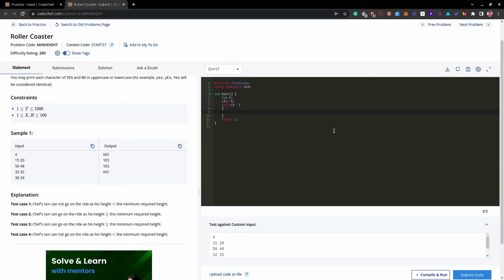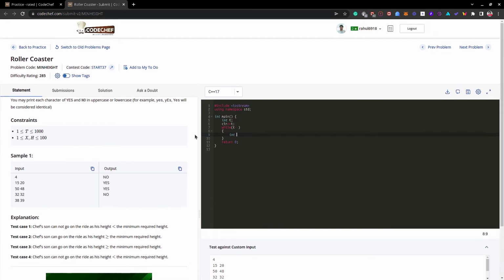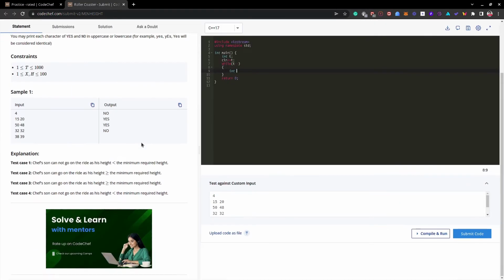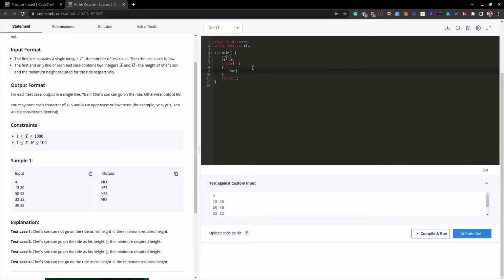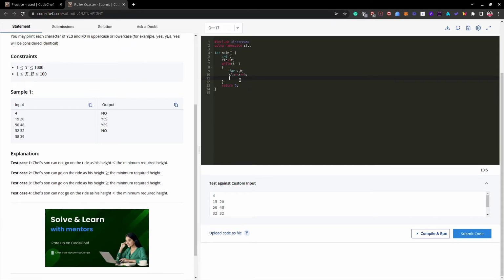Then here integers x and h, right? Then we'll be comparing them.